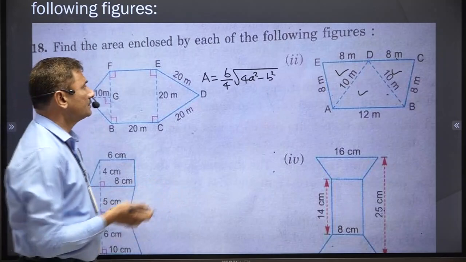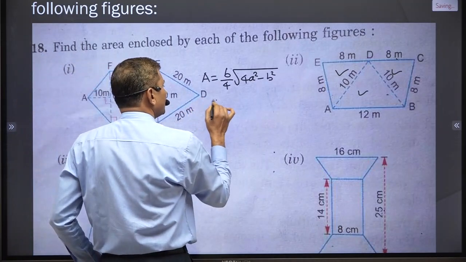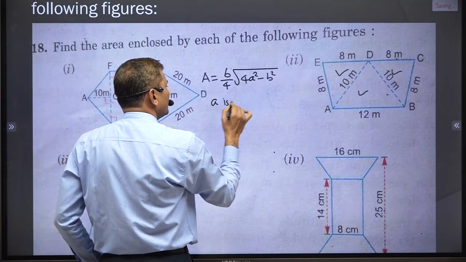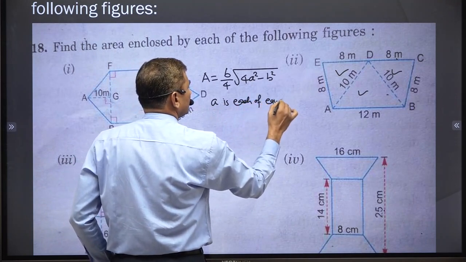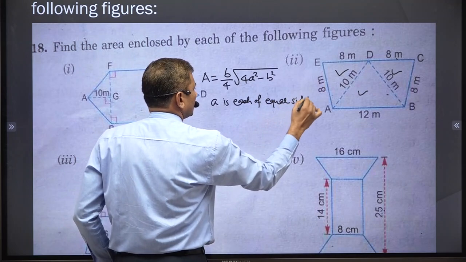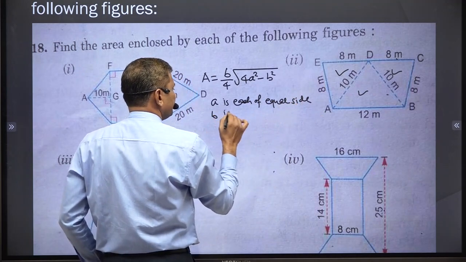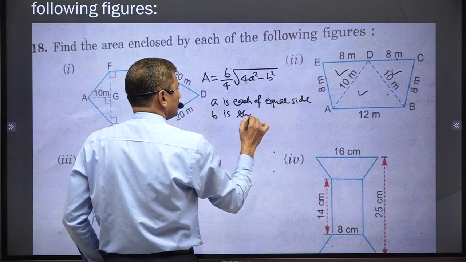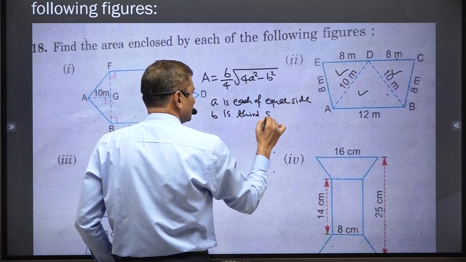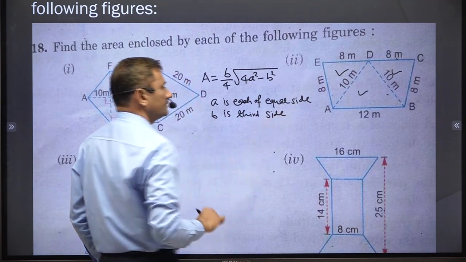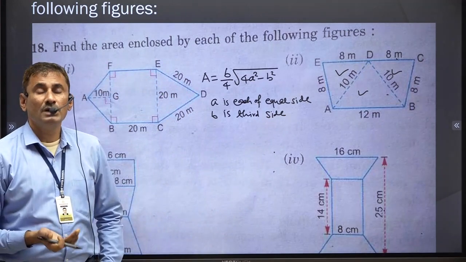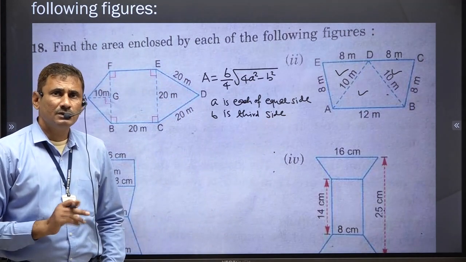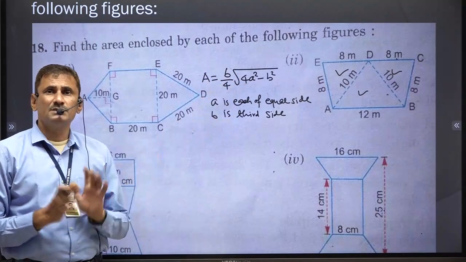So I am writing: A is each of the equal sides, and B means the third side, which is different. Otherwise, you know Heron's formula. So it is not compulsory to remember this formula and apply it.